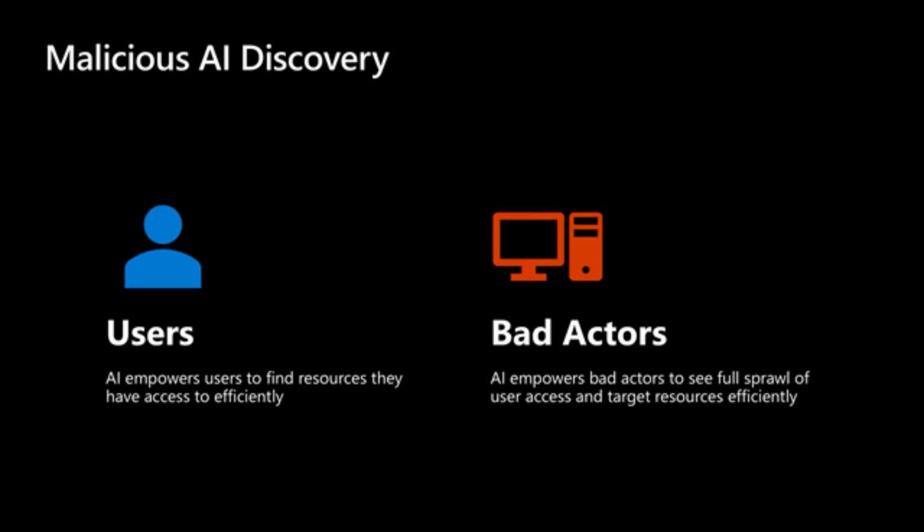As it is with every new piece of technology, AI is the exciting new toy that everyone wants to talk about. Everyone wants to play with AI, right? And AI discovery is great. It is fantastic because it's helpful for users to be able to find resources that they have access to.